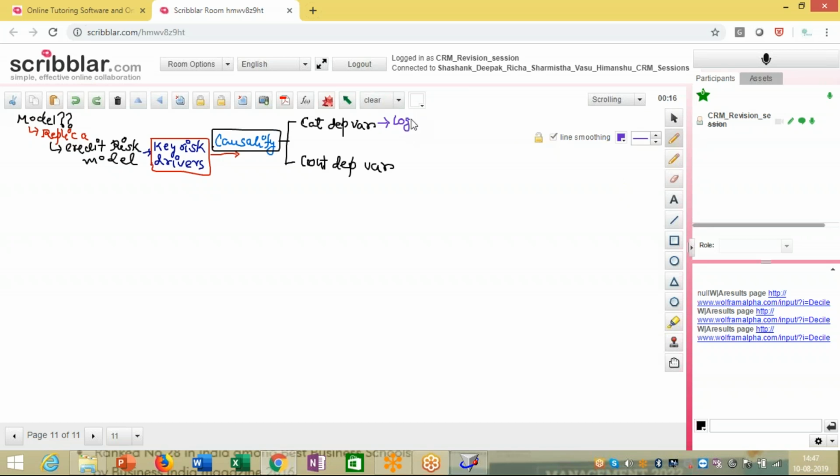Over here I have logistic regression. And when I have my dependent variable as a continuous variable, I will have a linear regression.